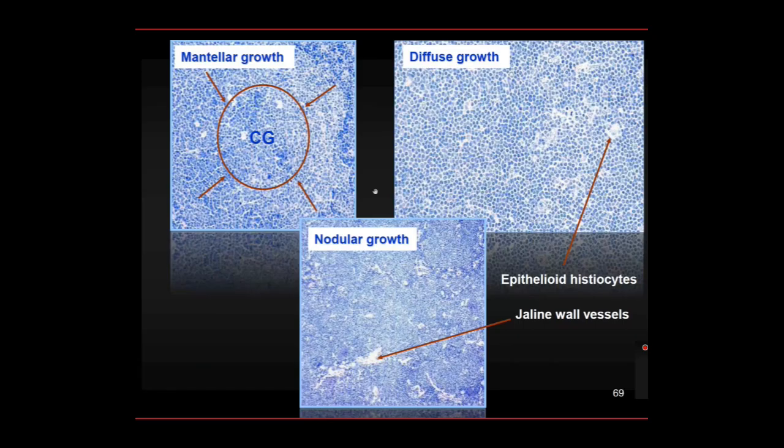Here we see some patterns with the germinal center maintained and the growth outside. Diffuse, of course, we have a diffuse pattern here. You don't distinguish anything other than the neoplastic population. Note that it is quite homogeneous. Now the difference with diffuse large B cell, in which we have a polymorphic population. This, like maybe Burkitt, even though the cells are different, be clear, is quite homogeneous, very similar one to the other.